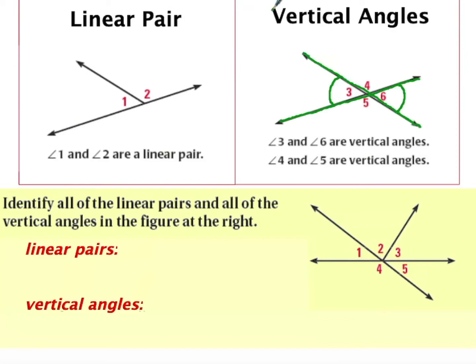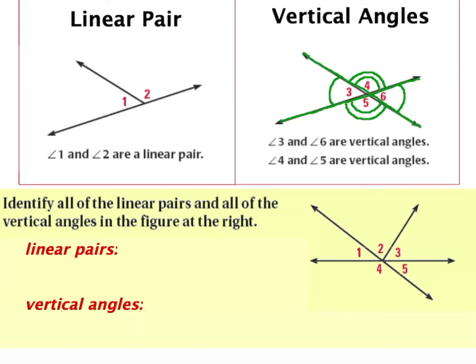Sometimes I wish vertical angles were called zertical angles, because there's always that X shape involved. Maybe that'll help you remember that those are called vertical angles. Angle 4 right here, a double swoop, since it's not the same as 3 and 6. And angle 5, angles 4 and 5 would also be vertical angles.